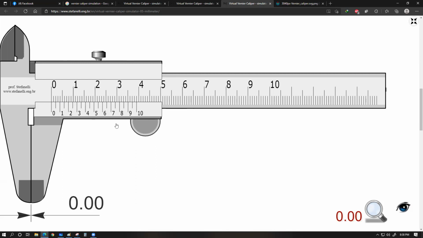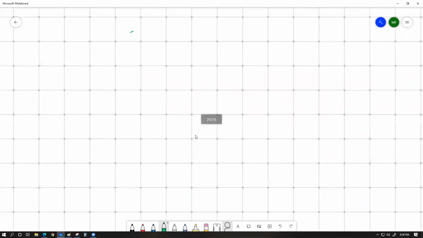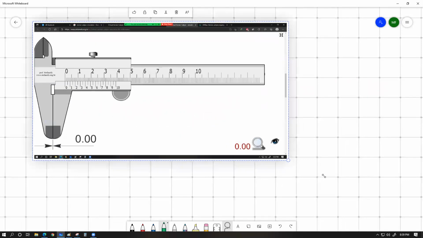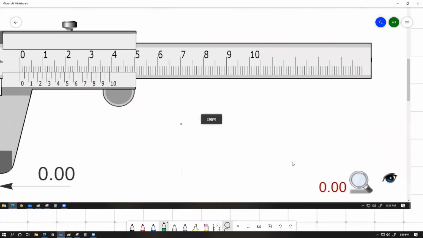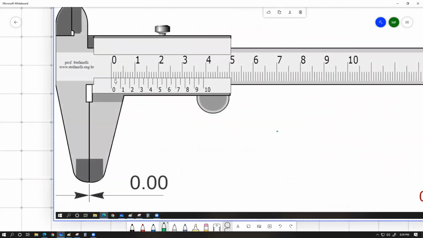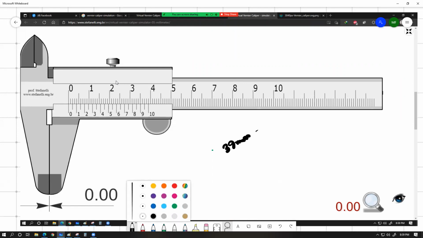So if I take a screenshot of this one and take it to our whiteboard, the Vernier constant is, have a look. 39 millimeters is equal to 20 divisions.